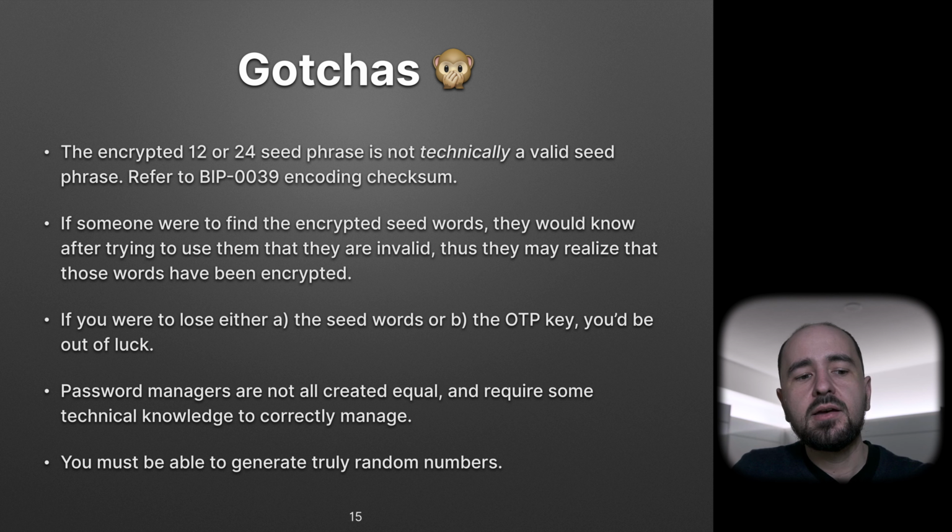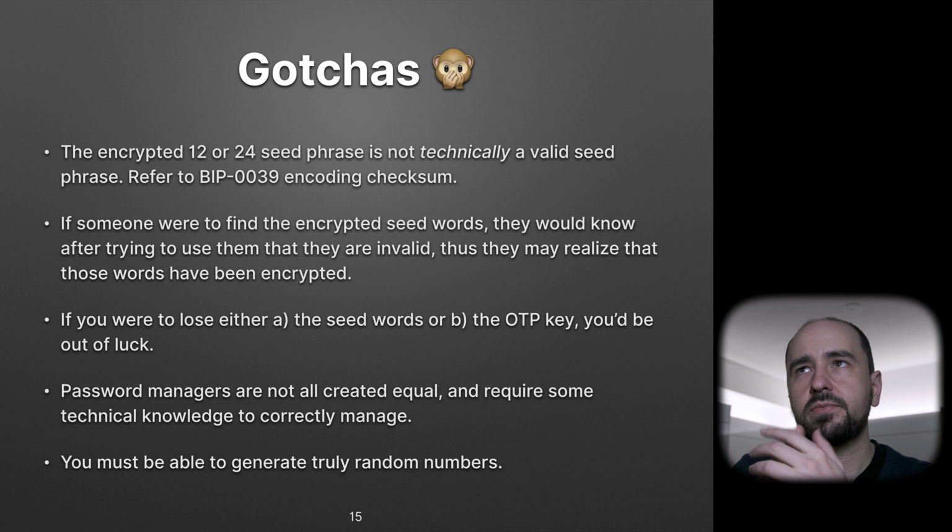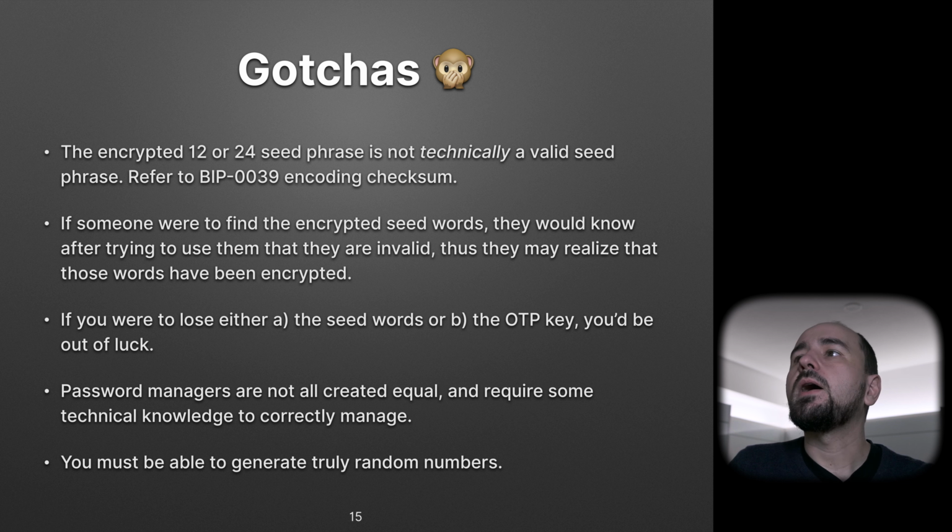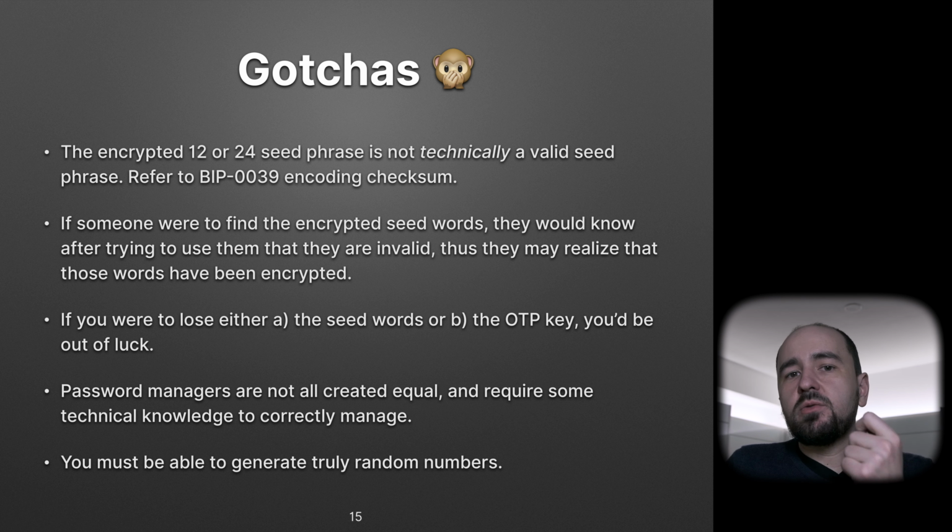What I mean by that is that BIP39 specifies a checksum at the end, which is based on the first, I forget how many, bits of this set of bits, basically. Because we're simply changing the words, it completely breaks the checksum at the end.